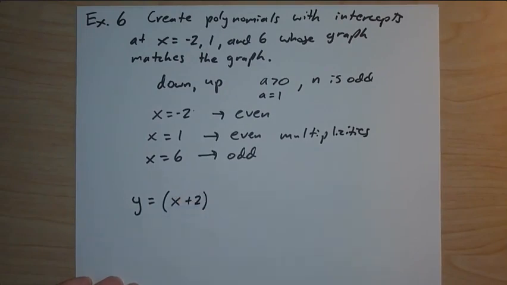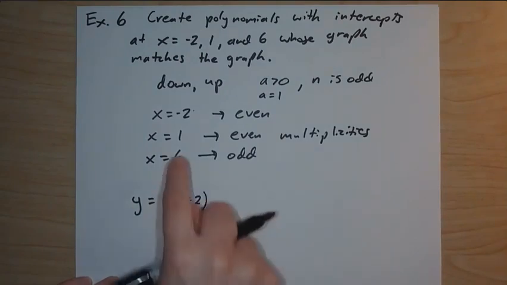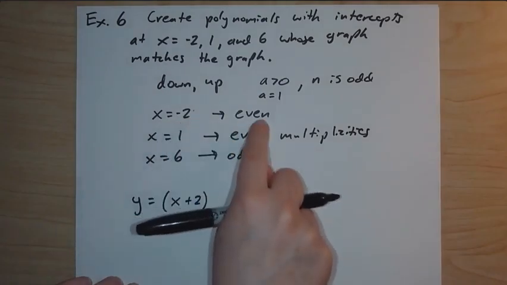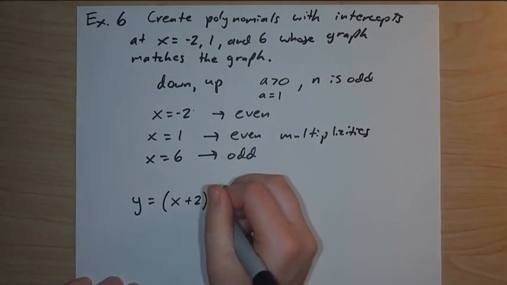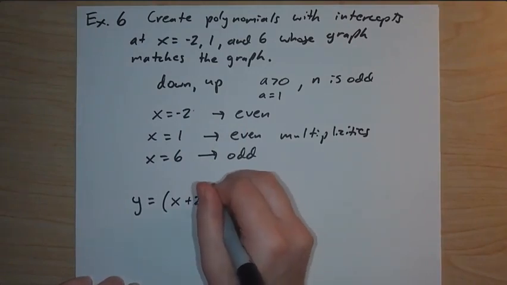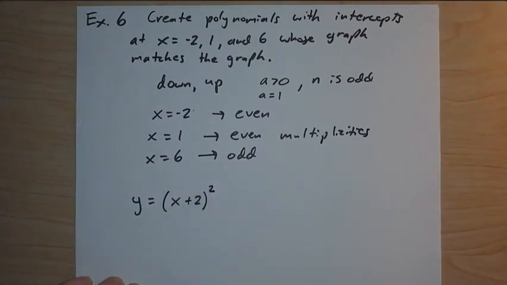If we were to set that equal to 0, going backwards, we know that x equals -2 has an even multiplicity, so it's going to be squared. I'm going to assume that it could be to the 4th power or to the 6th power even, but I'm going to assume it's squared for right now.